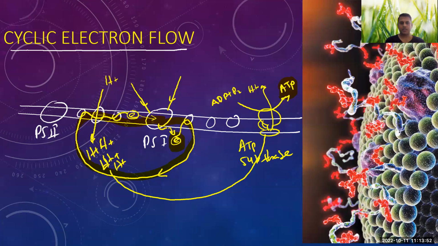So here we can't see that kind of thing. So its significance is less. Maybe in a certain situation, a plant produces this cyclic electron flow, and maybe a prokaryotic organism, just to get their ATP, can use this pathway. Other than that, the significance is very little.